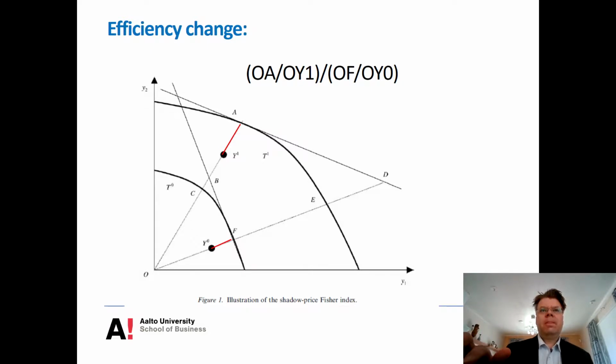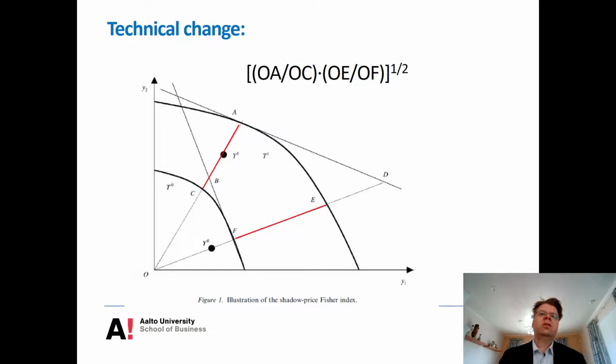Then we have the technical change, and there the idea is to measure the gap between these two output isoquants. Firstly, if we look at the base period quantities, we could measure the distance between these two output isoquants from the point of view of the base period observation y0.